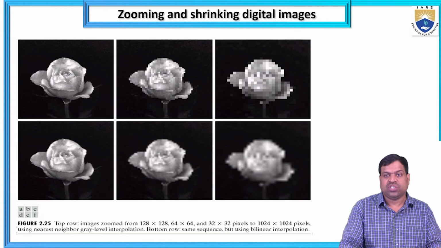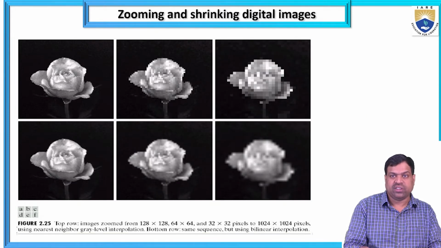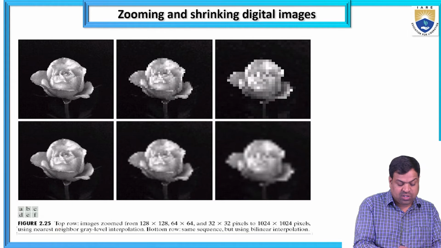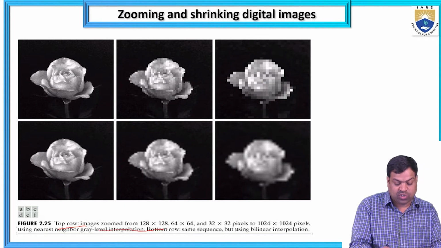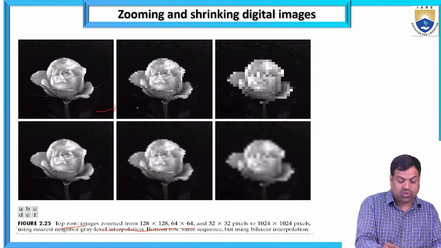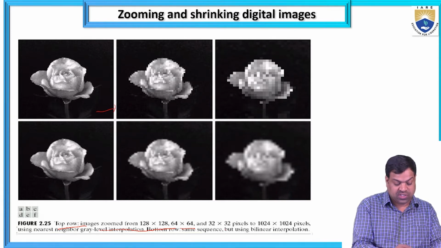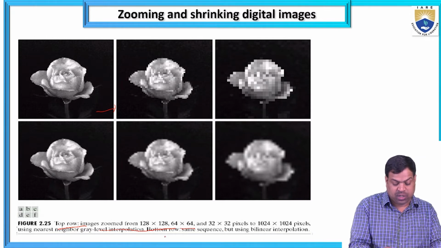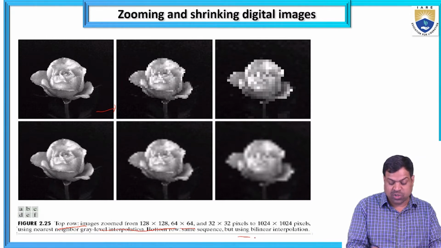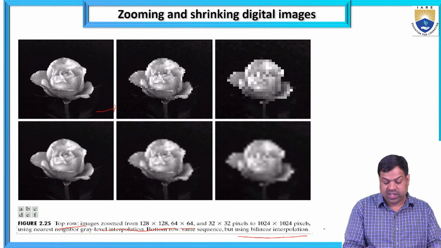Suppose it is one example of zooming and shrinkage. Here the top row images are zoomed from 128 to 64, 32 and so on, using nearest neighbor gray level interpolation. The bottom row is the same sequence but using bilinear interpolation.